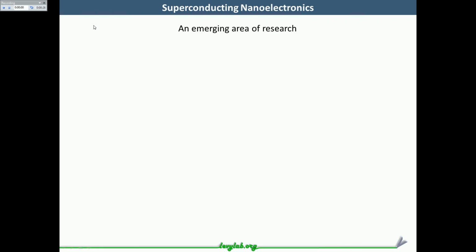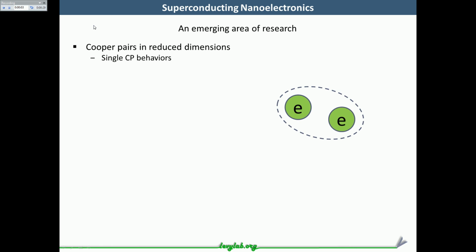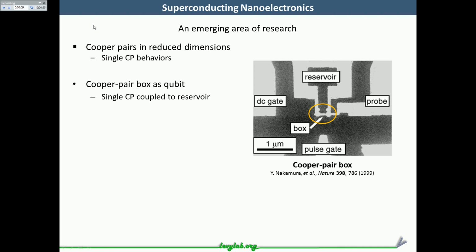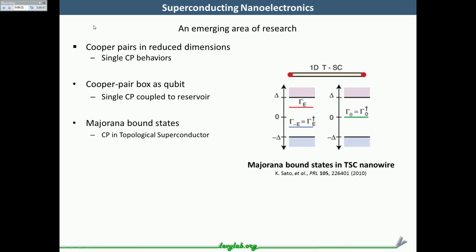If we think about why superconducting nanoelectronics are interesting, it's because we have pairs in reduced dimensions, down to the level of single Cooper pairs, such as the Cooper pair box used as a qubit. We have a single Cooper pair coupled to a reservoir. A lot of people are interested in Majorana bound states, which are in topological superconductors.